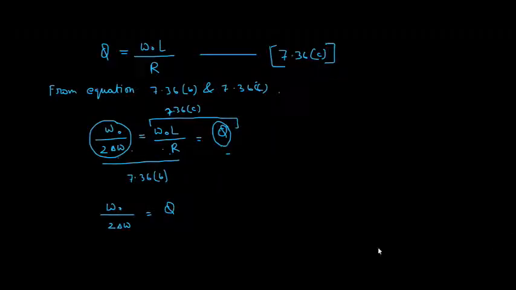Next, which implies Q multiplied by 2 delta omega is equal to omega naught. Therefore, 2 delta omega is equal to omega naught upon Q.